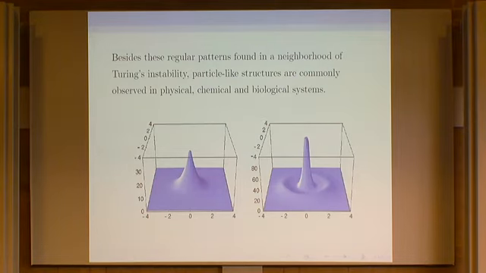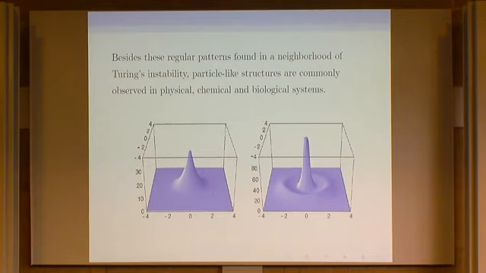But we are also interested in particle-like structures. They are also commonly observed in many systems. And in reaction diffusion systems, such particle-like structures are referred to as dissipative solitons.